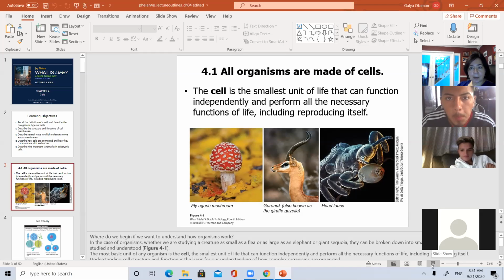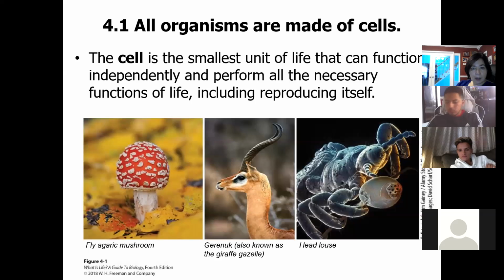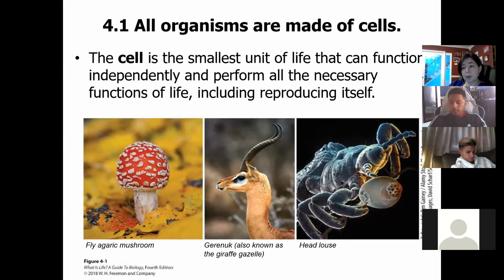Okay, so back to material. This is chapter number 4, and this is our chapter about cells. First of all, the whole study of cells became available due to the invention of the microscope, something that we're going to talk about on Wednesday. Most cells are not visible to the human eye without magnification.